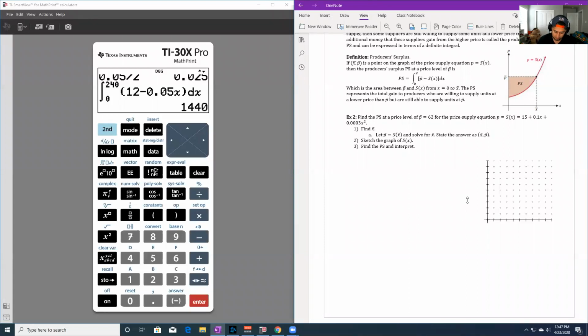So step one. Okay. So we're finding X bar, so we let P bar equal S of X bar, which will give me 15 plus 0.1 X bar plus 0.0003 X bar squared.